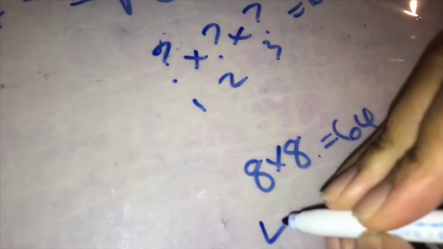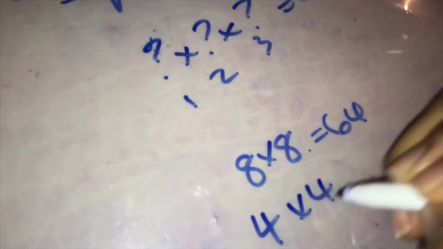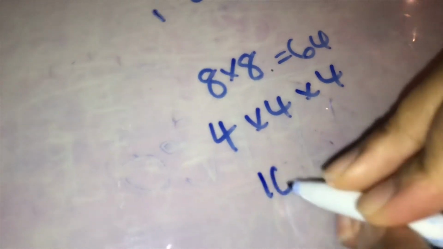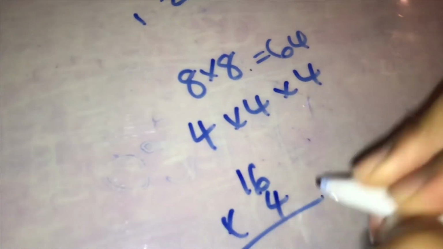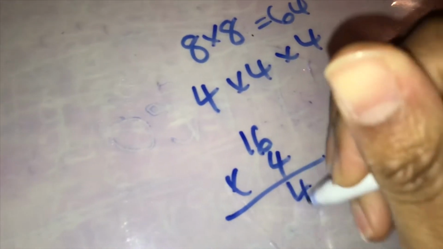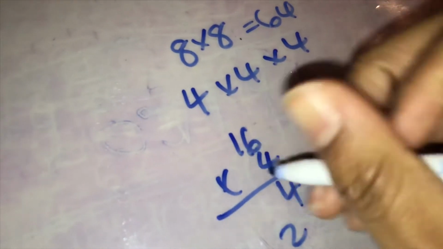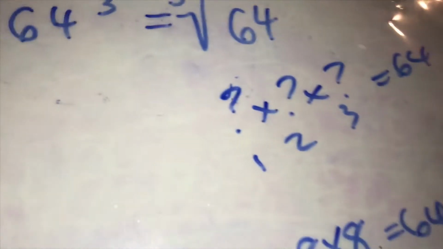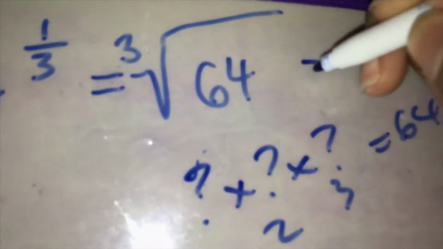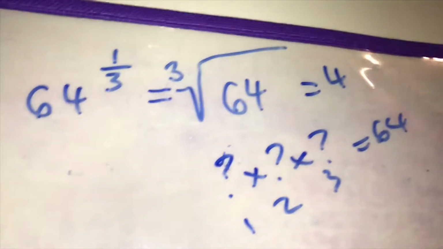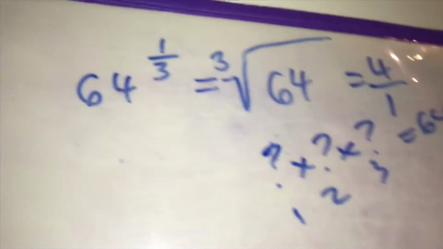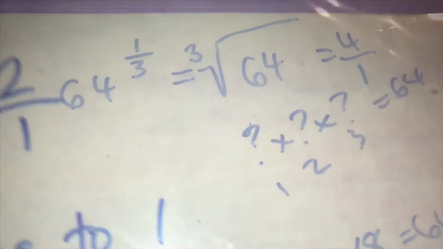So I'll get 4. Let me see if 4 times 4 times 4 will give me the answer. 4 times 4 is 16. 16 times 4: 6 times 4 is 24, 1 times 4 is 4, plus 2 is 6. So I'm right, it's 64. So the answer is going to be 4. And 4 as a fraction is 4 over 1.